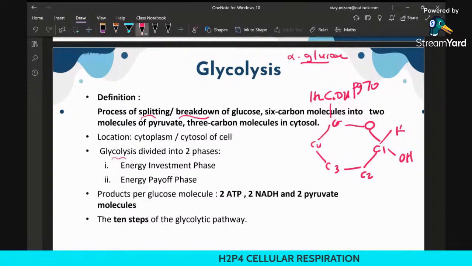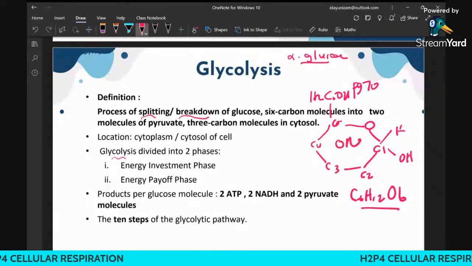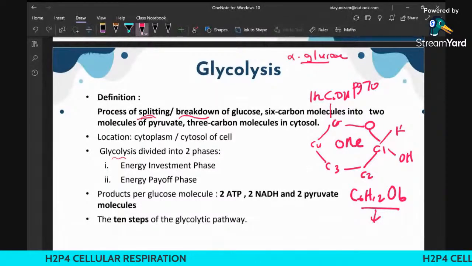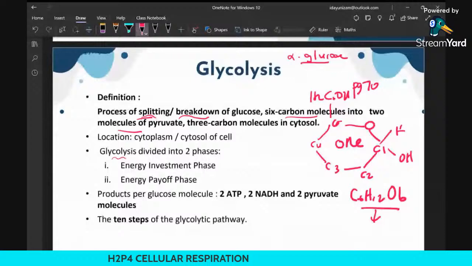This is C6H12O6, the glucose. We will continue with how this one molecule of glucose can be broken down or split. The 6 carbon molecule becomes 2 molecules of pyruvate, 2 molecules of 3 carbon molecule that we call pyruvate.